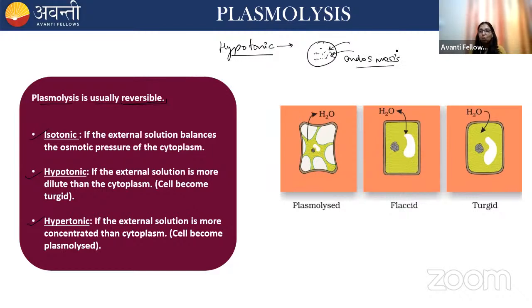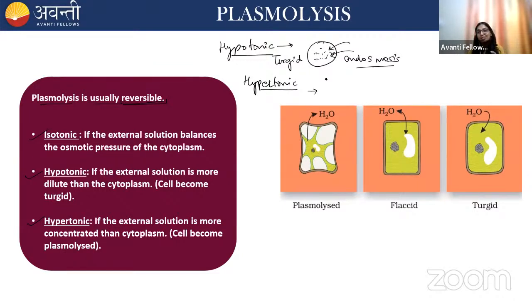And when the water moves in, the water starts putting pressure on the walls of the cell. So the cell becomes turgid. In hypotonic, the cell becomes turgid. Whereas in hypertonic, the solutes are more in the external solution as compared to the cell.